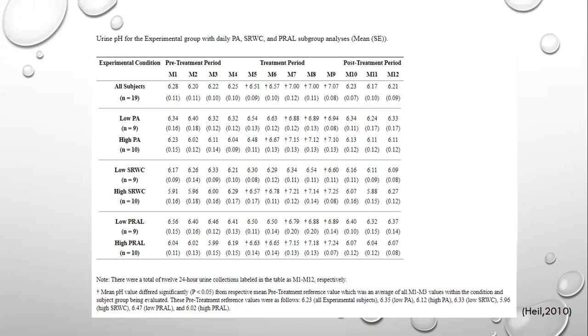The urine pH went from 7.52 to 7.69. For osmolarity in the experimental group, the blood osmolarity decreased, but the urine osmolarity increased. Additionally, there was a decrease in urine output, which went from 2.51 to 2.05 liters per day.